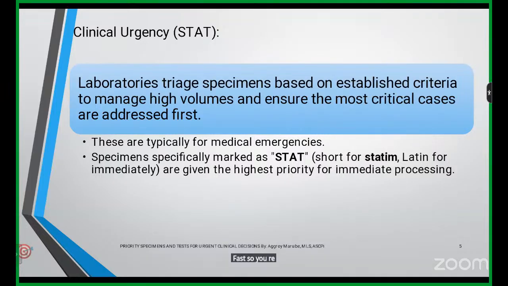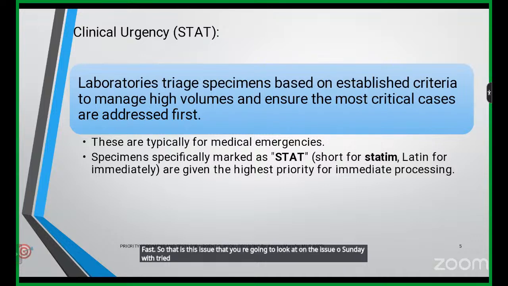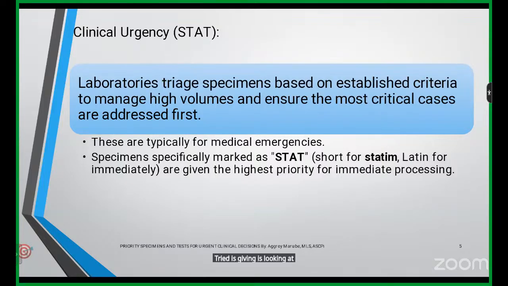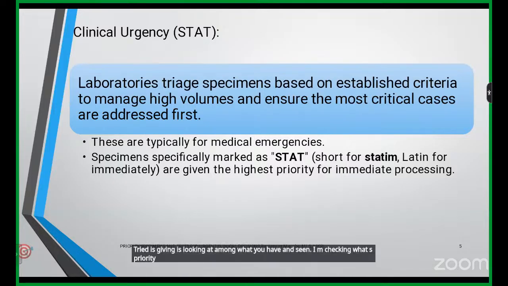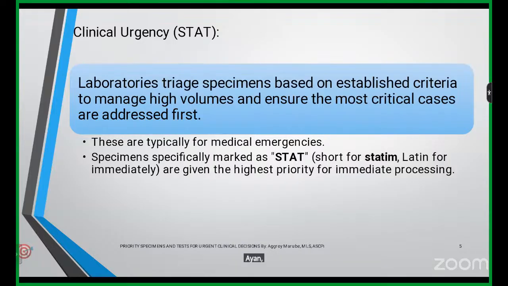Triage is not only for nurses who triage patients at the front. When specimens come into the lab, we also have to triage them. Triage is looking among what you have and checking what priority process you are going to follow, if there is any.